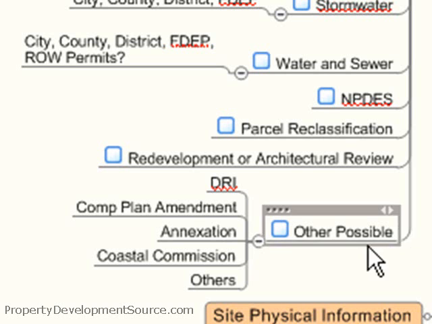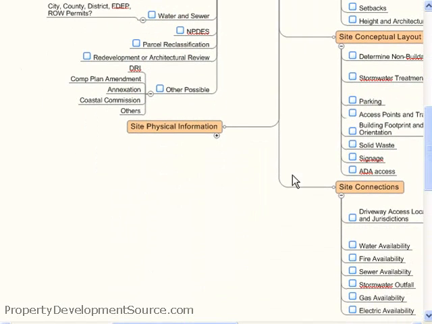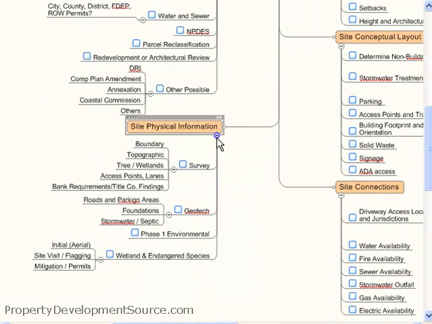Other possible permits, development of regional impact if it's a large site, or even if you're a small site that's in an area that has previously done a DRI, you need to be aware of that. Any comp plan amendments, as I mentioned, annexation. If it's on the coast, maybe a coastal commission permit will be required. Just want to lay all that out in your initial due diligence report.